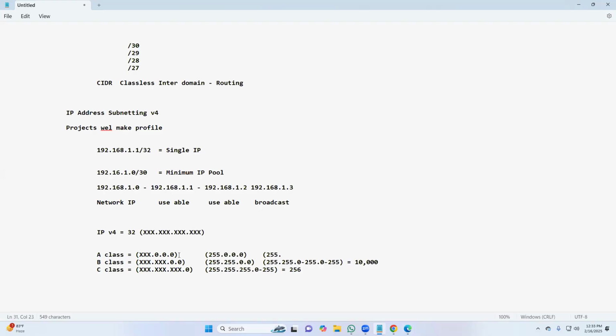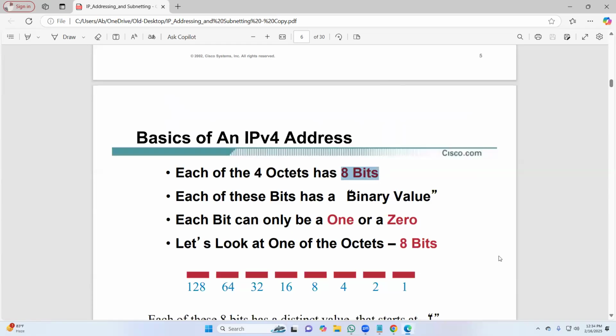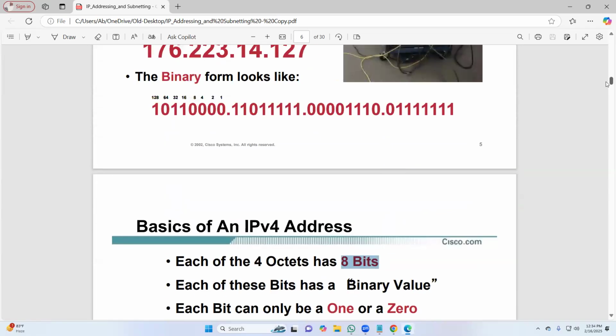What do you mean by bit? What does the bit mean? A bit means 0 and 1, and this is the number. Do you understand the binary system? The 1001, that thing. Yeah, that's it.